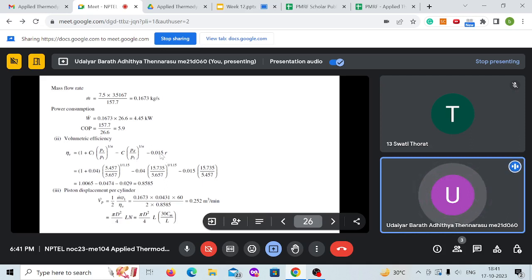Here pressure losses are taken into account. This expression is slightly complicated, so we can neglect this.